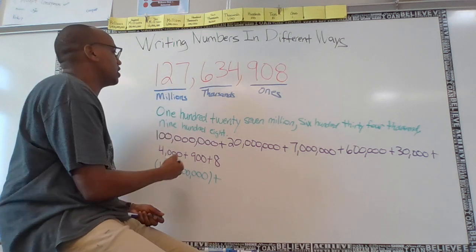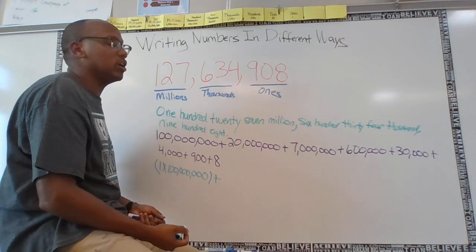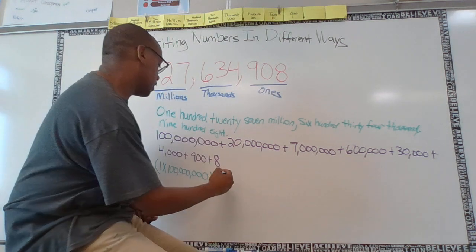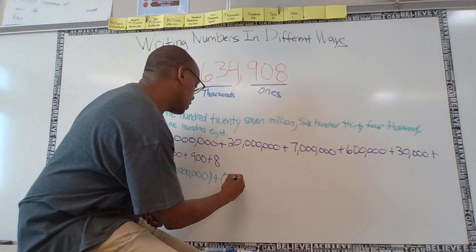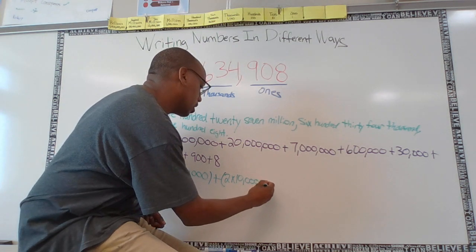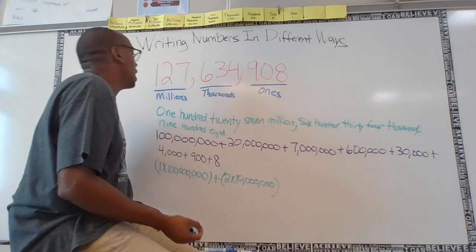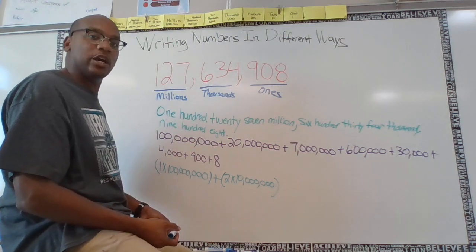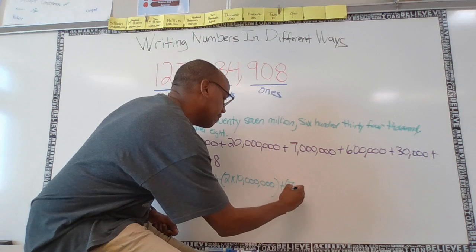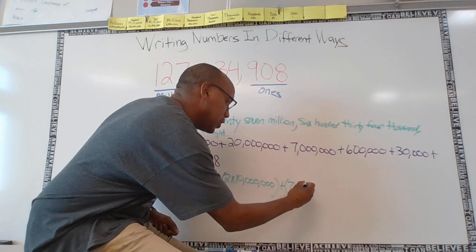The second notation that I have is the 2. The 2 is in the 10 million spot, so it's plus 2 times 10 million. The 7 is in the million spot, so it's plus 7 times 1 million.